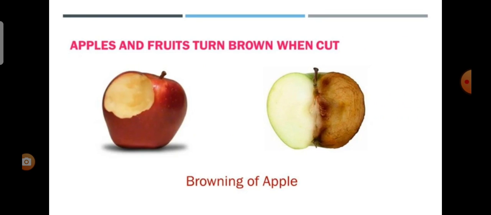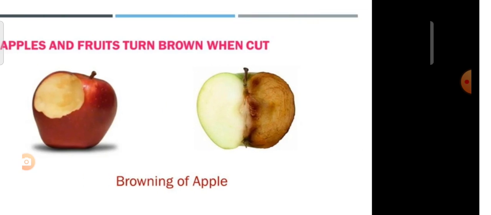The cells of apples, fruits and other vegetables contain an enzyme called polyphenol oxidase or tyrosinase. When it contacts oxygen, it catalyzes a biochemical reaction in which the phenolic compounds present in plants become a brown pigment known as melanins.